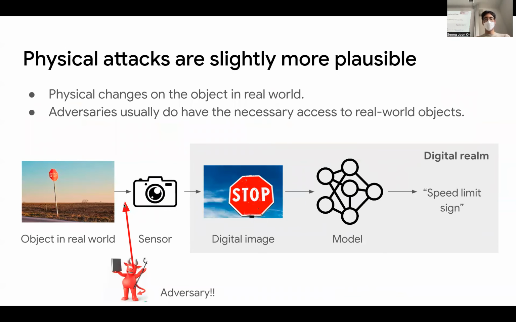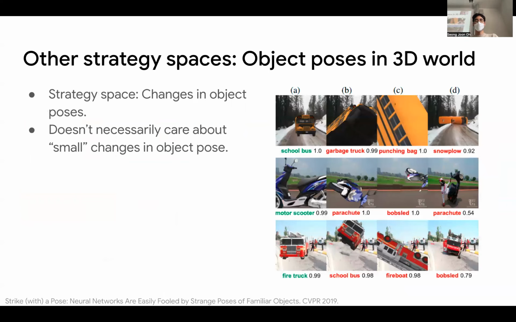If an adversary is intervening on the object in the real world, then that's probably a more plausible attack, and we should be focusing on defending against these kinds of adversaries. Right.